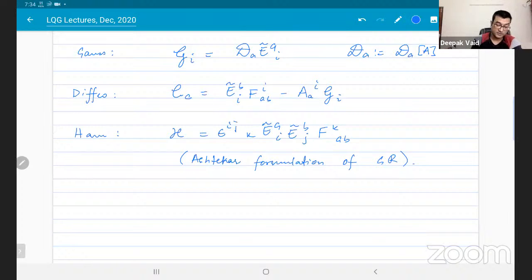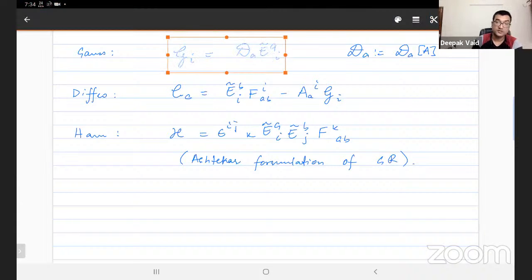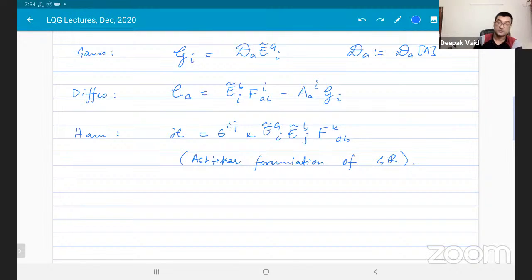So what has happened now? First of all, this densitized triad can now be viewed as electric fields which satisfy the Gauss constraint, the same way that in Yang-Mills theory or any gauge theory, you have your electric field, which is related to the space-time part of your full four-dimensional gauge field strength tensor.